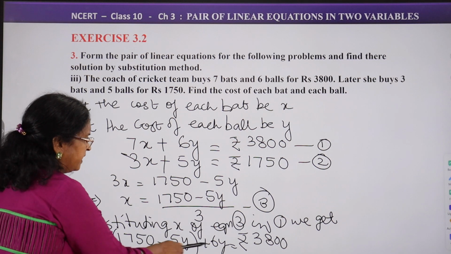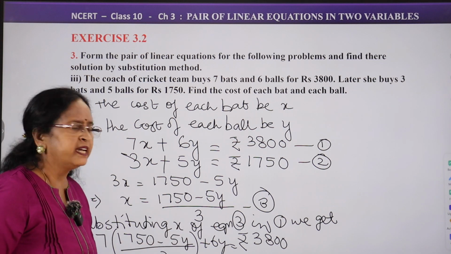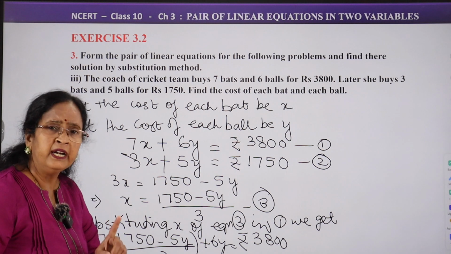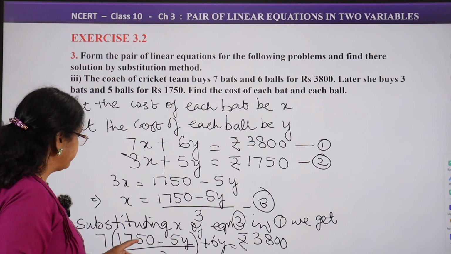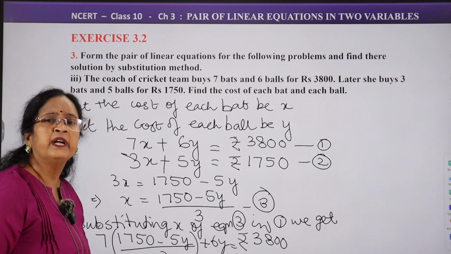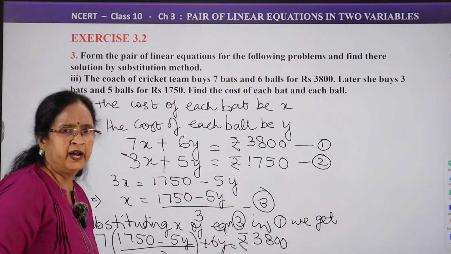We see that we get one linear equation having only one variable. And one variable means we need to get the value for y.